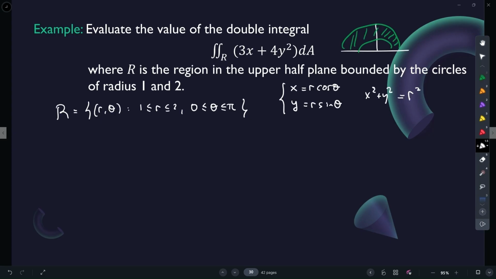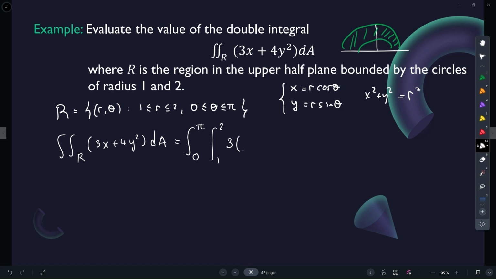Okay, so what is the integral of 3x plus 4y squared dA in polar coordinates? We'll have the bounds on theta between 0 and pi, and the bounds in r between 1 and 2, of 3 times... Now, every time I see my x, I have to replace it by x equals r cosine theta.